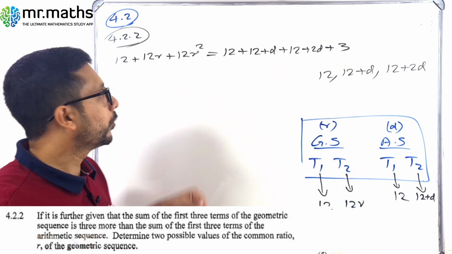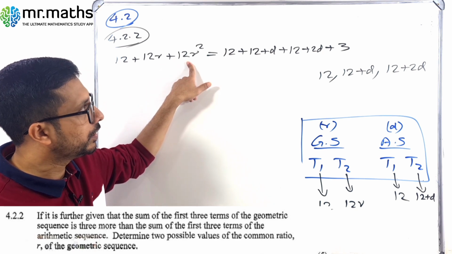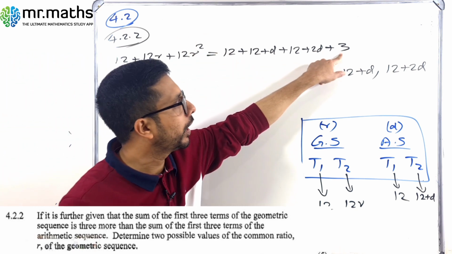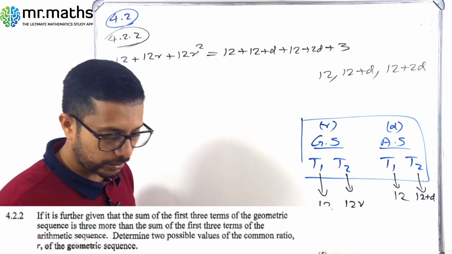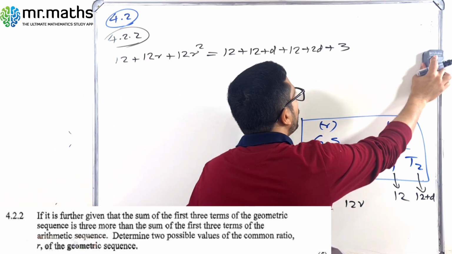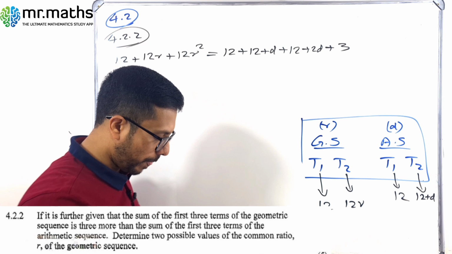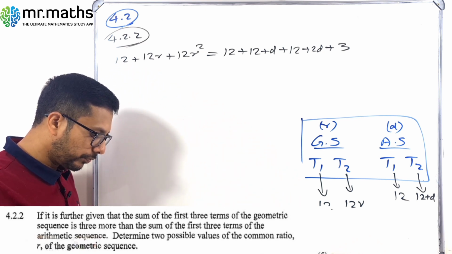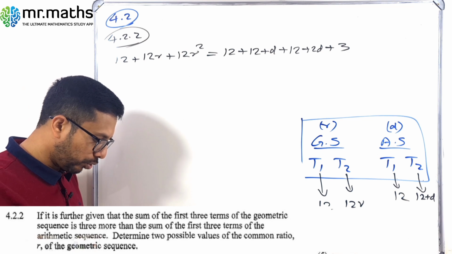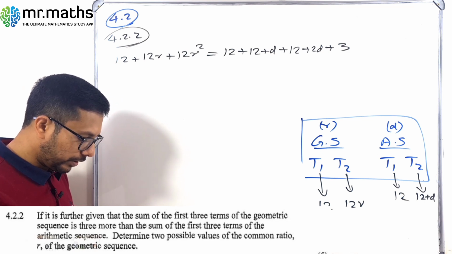You understand? Now what do you want to find? What is the question? Determine the two possible values of the common ratio. You have to find the common ratio.